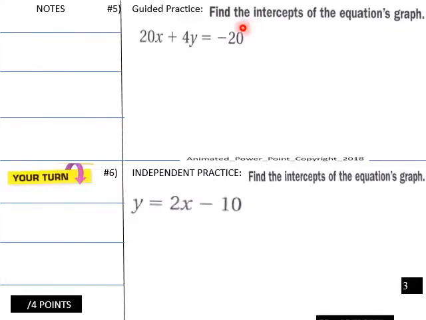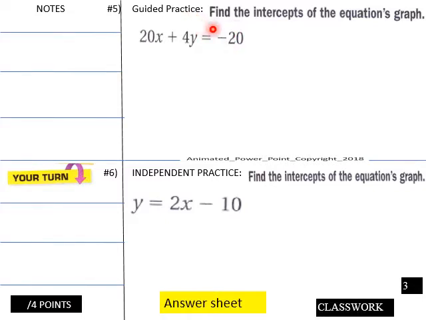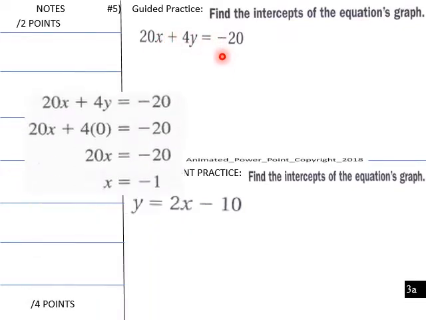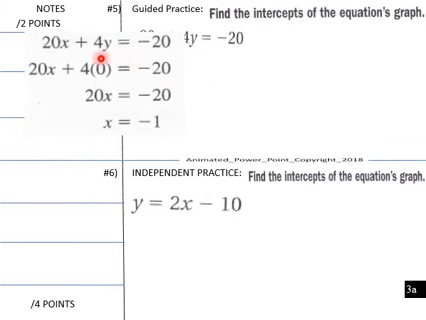Let's try another one on our guided practice. Find the intercepts of the equation's graph: 20x plus 4y equals negative 20. To find the intercepts, we let y equal 0 and solve for x. So 20x equals negative 20, so x equals negative 1 is the x-intercept.